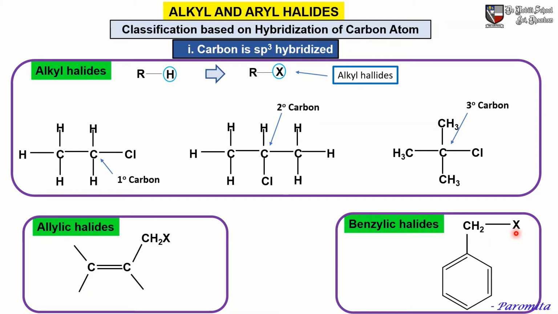But here also, the carbon atom to which the halogen atom is attached is sp3 hybridized. So, these are the 3 examples of alkyl halides, allylic halides and benzylic halides in which the carbon is sp3 hybridized. Which carbon? The carbon that is attached to the halogen.